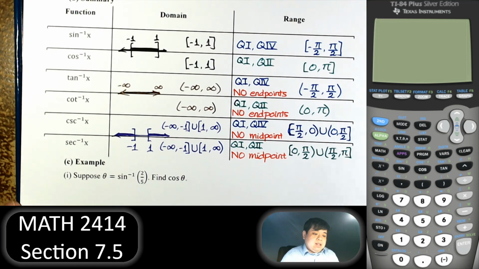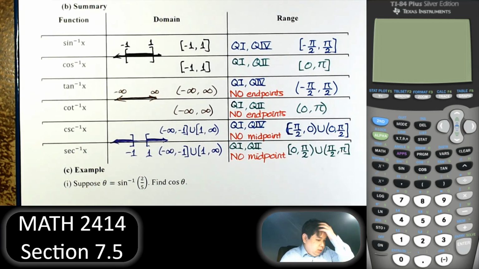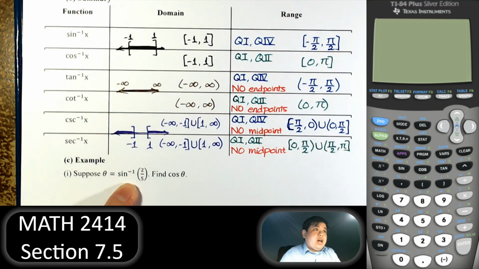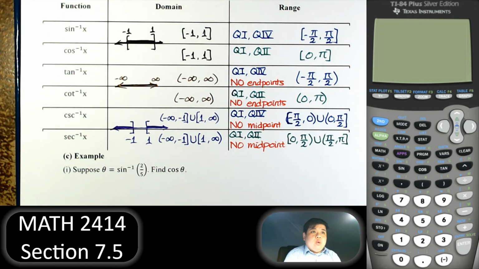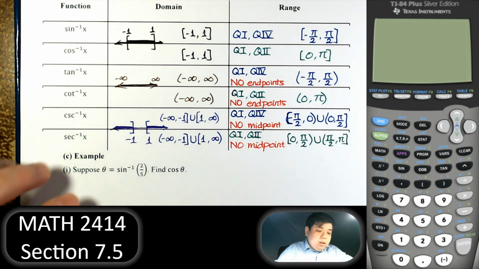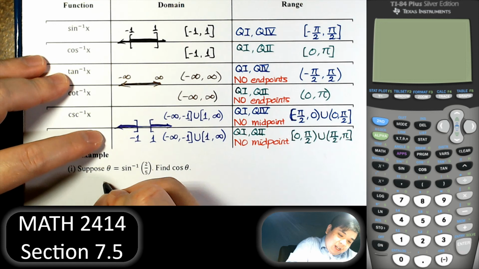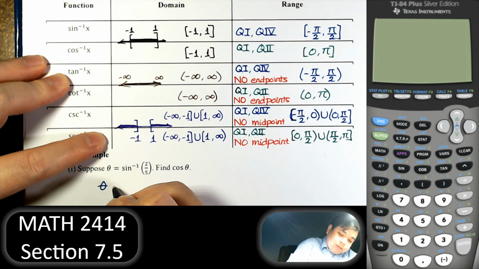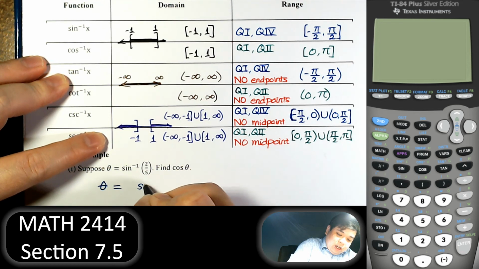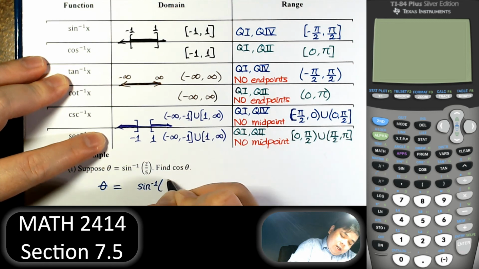Now, let's go to the examples. Now suppose theta is equal to sine inverse of 2/5, and now find cosine of theta. So we start with that. So let me just rewrite the problem. Theta equal to sine inverse of 2/5.